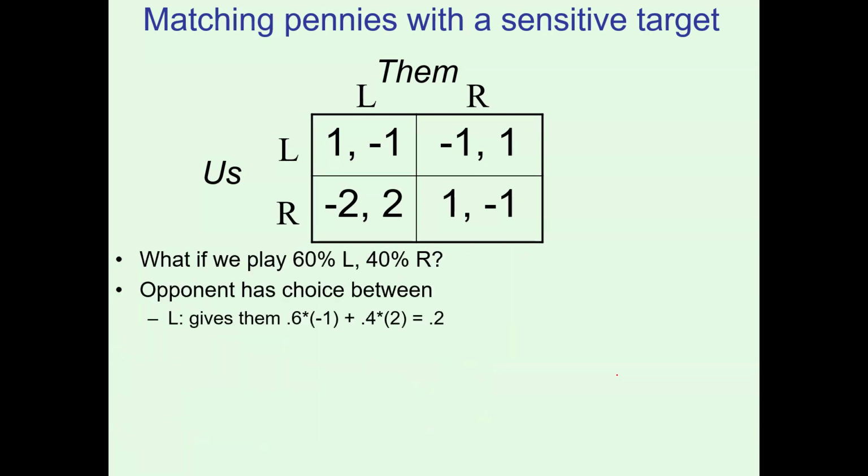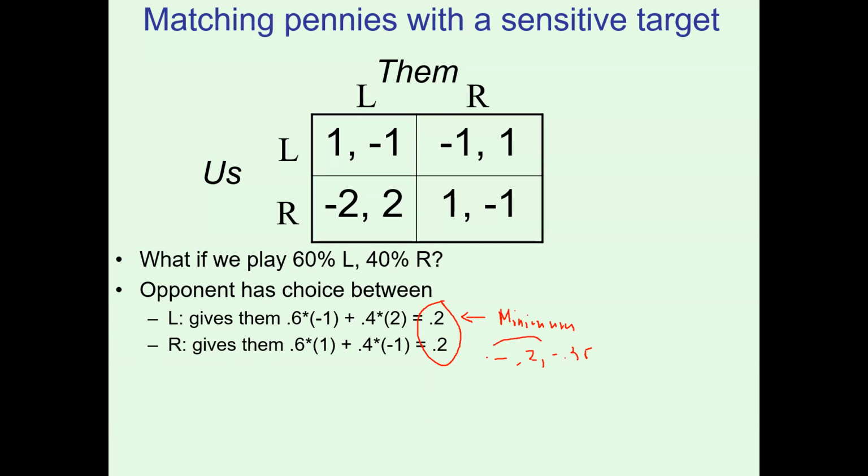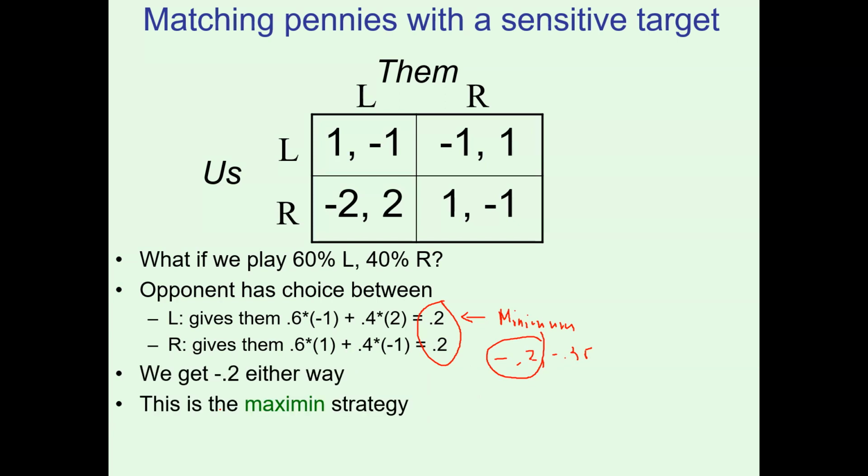And if we choose 60-40, so may minimum dire, negative 0.2. So sa duha, asa may mas dako? Negative 0.2 or negative 0.35? Siyempre, mas dako ang negative 0.2. So therefore, that is actually the maximin strategy.